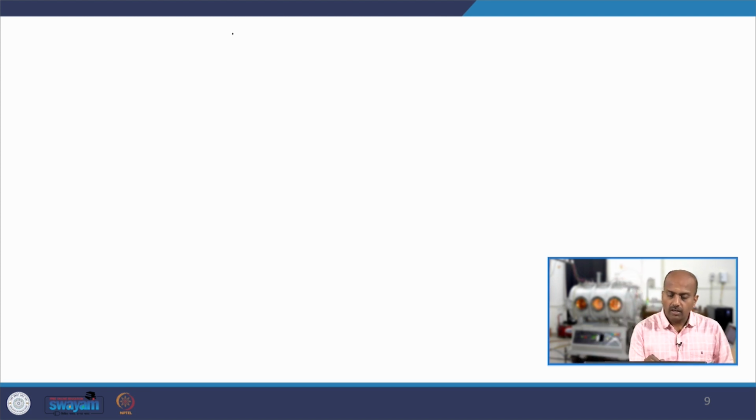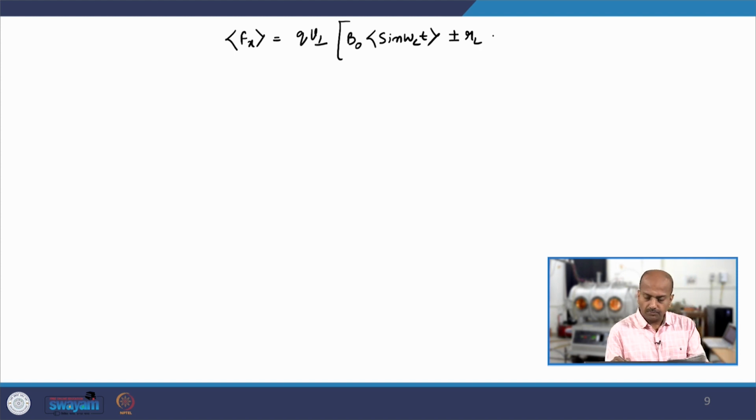So, let us say we write average force component Fx as q V perpendicular B naught average sin omega c t plus minus RL sin omega c t cos omega c t dou Bz by dou y.